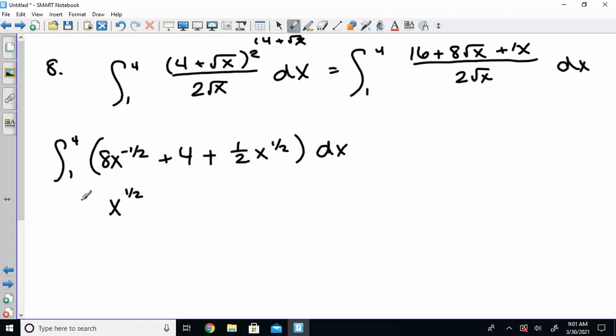Can I go ahead and just write a 16? Does that confuse anybody? Antiderivative of 4 would be a 4x. Here, if you add 1 to your power, you get 3/2. So that means you need 2/3 in front. 2/3 times 1/2 is 1/3. I kind of skipped a few steps, so if I lost you right there, let me know.